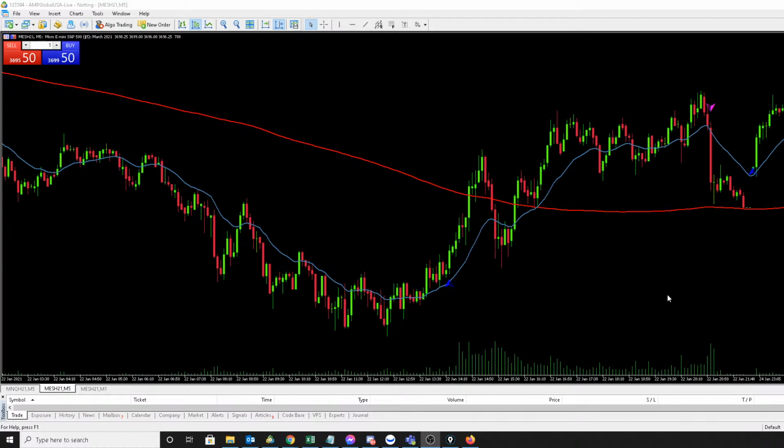When I say support and resistance, I look at short term support and resistance, as well as longer term support and resistance. And it's important to keep an eye on all of that, because sometimes when our signal comes through, we might get a bullish signal, but the market looks like it wants to go in the opposite direction.